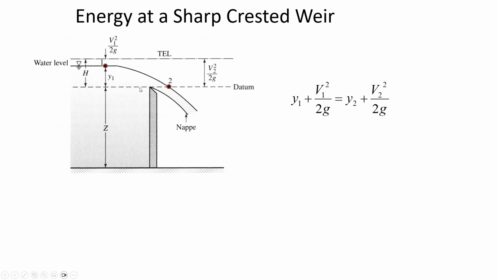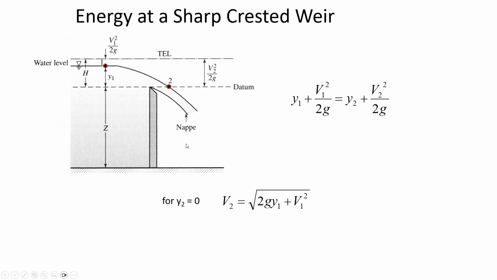At 2, if we set 2 to be at the same height as the datum itself, then it wouldn't have any elevation. So y2 would be 0, but it would have some additional velocity. So the extra energy that was previously tied up as elevation is being transferred into additional velocity at 2.